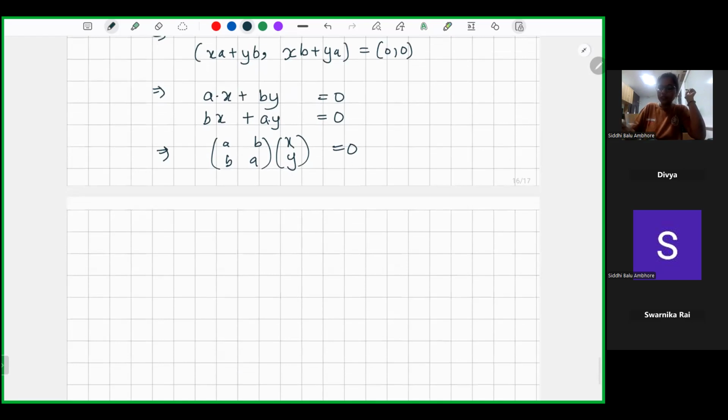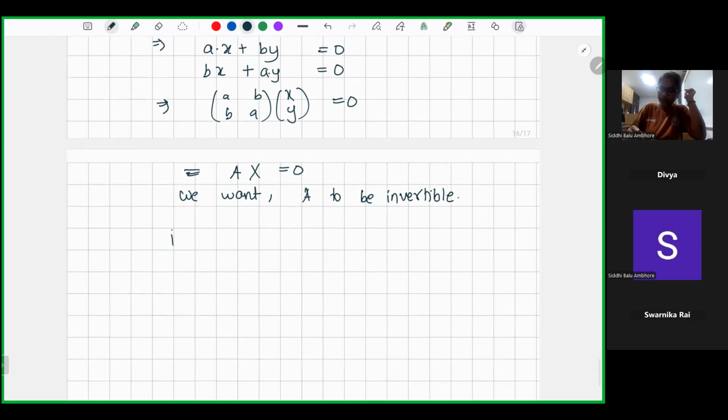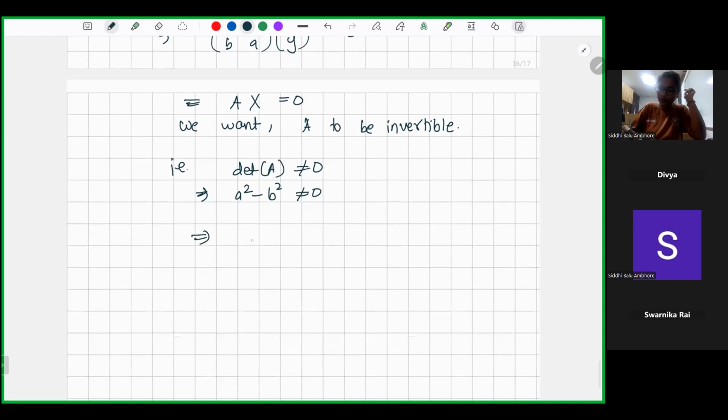Yes. So if I write this as AX is equal to 0, we want A to be invertible. That is, we want A square minus B square to be non-zero, right? That is the determinant. I want A square minus B square to be non-zero. So this implies either A minus B I want non-zero and A plus B I want non-zero.